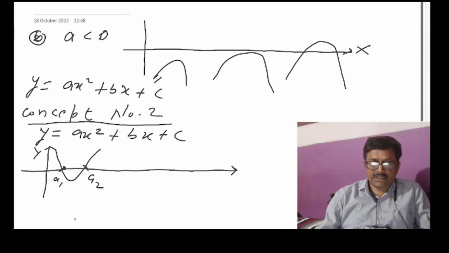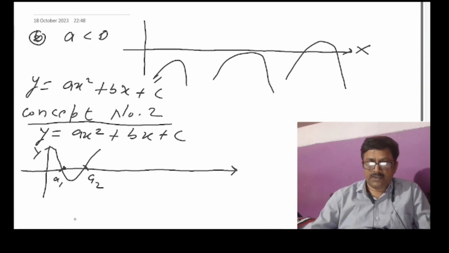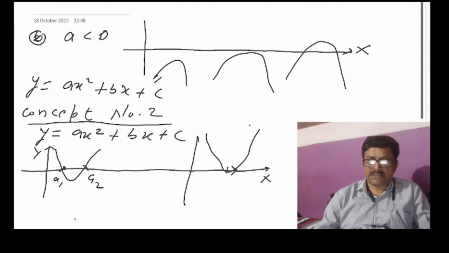If the graph is cutting the x-axis at 2 points, it means there are 2 roots of this equation. At these 2 points, this quadratic will be 0. This equation will be 0. Now I come to the second one. If the graph is cutting at 1 point, the graph is cutting the x-axis at what point?